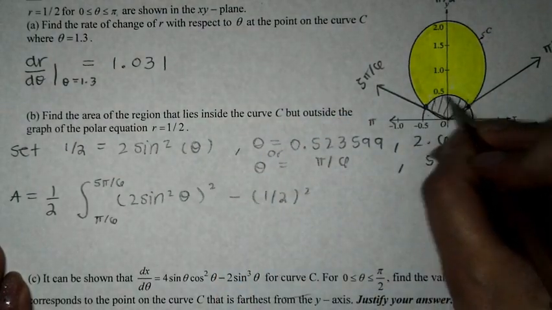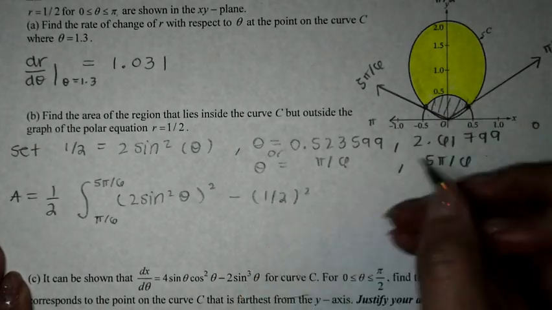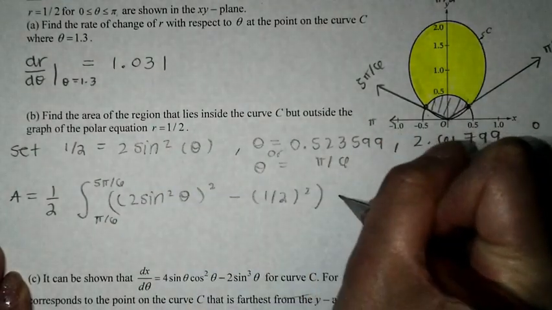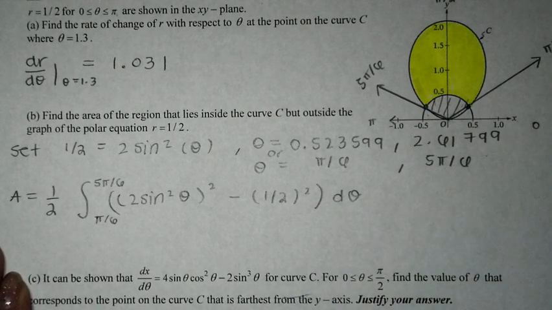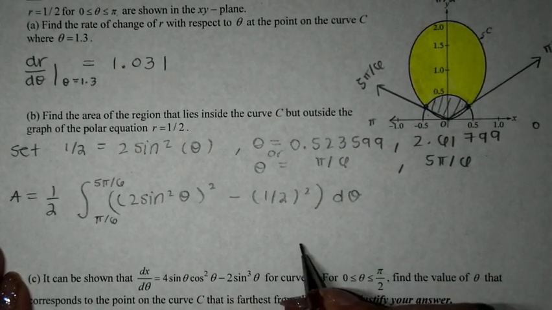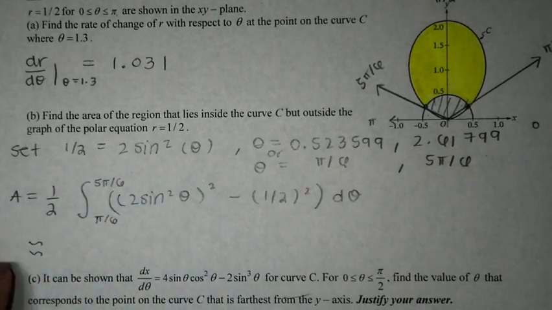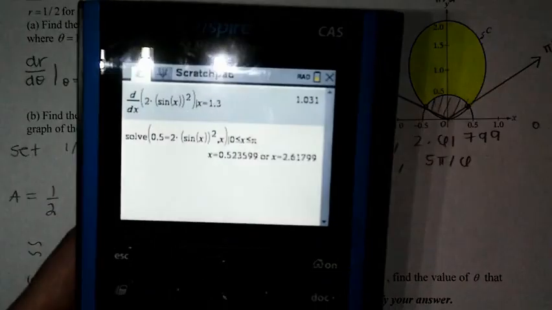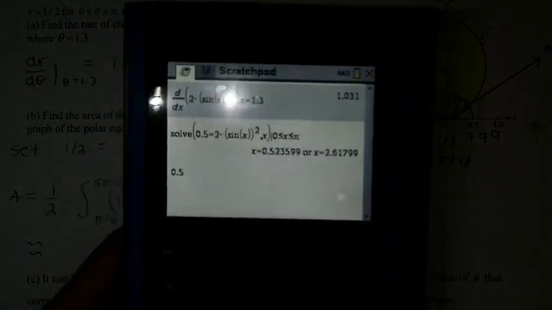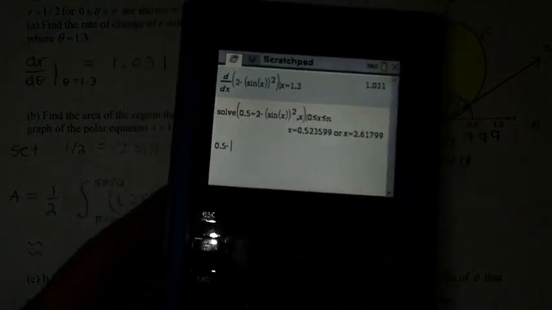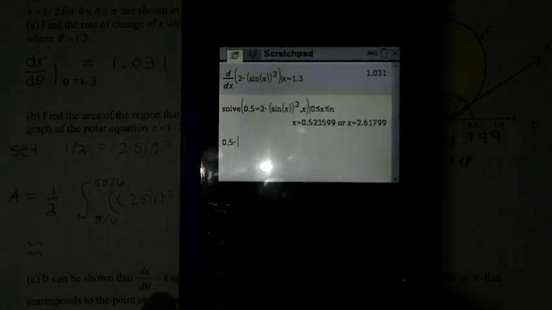Because the border of the semicircle is the 1/2. Then I put another parenthesis here and the d theta. And after that, that should give us the result. Are we okay with that? So now let's plug this in the calculator and let's see what the calculator gives us. So 0.5. Don't forget to put that 0.5. I'm warning you, I tend to forget that one.